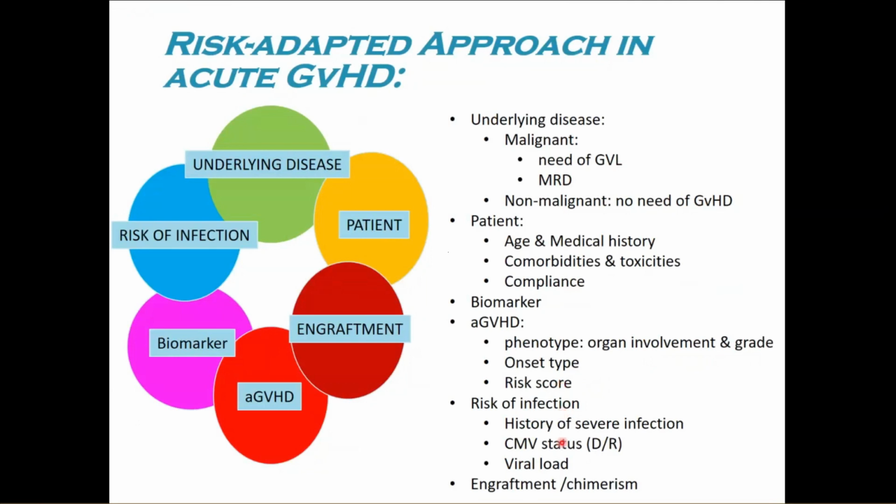The risk of infection with the history of severe infection and the CMV status and the ongoing viral load is of importance. And last but not least, the kinetics of engraftment and the chimerism should be considered.